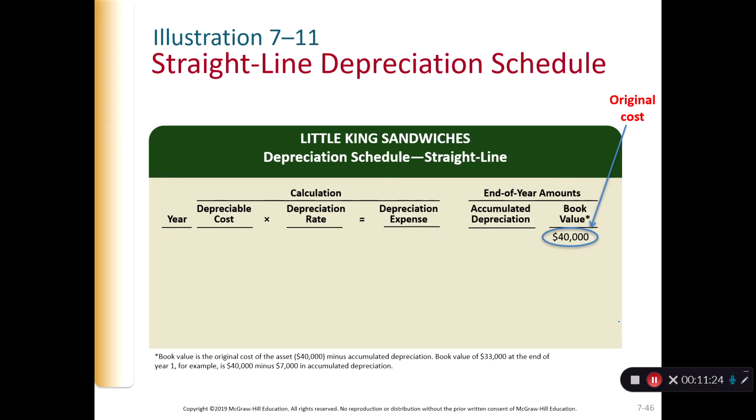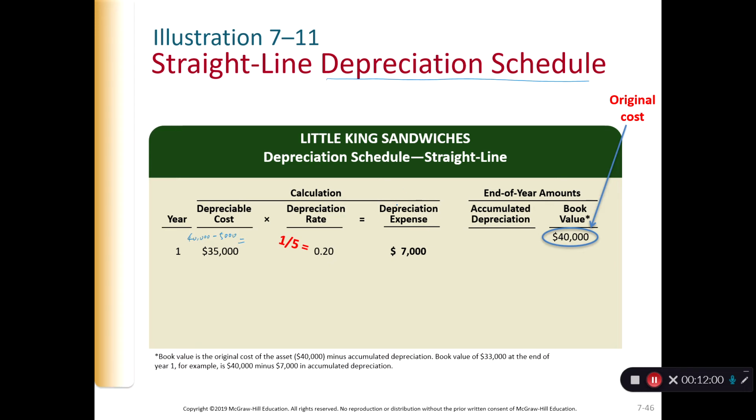Okay, so then we want to look at the depreciation schedule of this truck. In year 1, we have a depreciable cost of $40,000 minus the $5,000, which equals 35,000. That's the depreciable cost. And the depreciation rate is 1/5, because this is the first year of the 5 years that you can use it, which gives us 0.2.